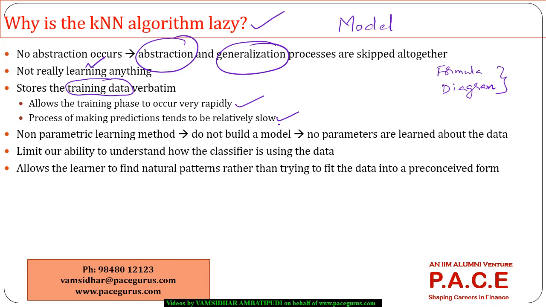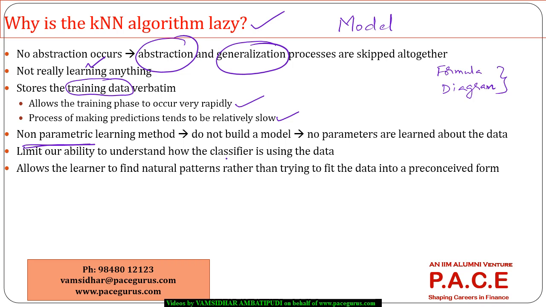But if it has to make predictions, it's very slow, because every observation in the testing data is compared with all the observations in the training data, and then the nearest neighbors are identified and their majority class is typically assigned. So it's a very clear non-parametric learning method.